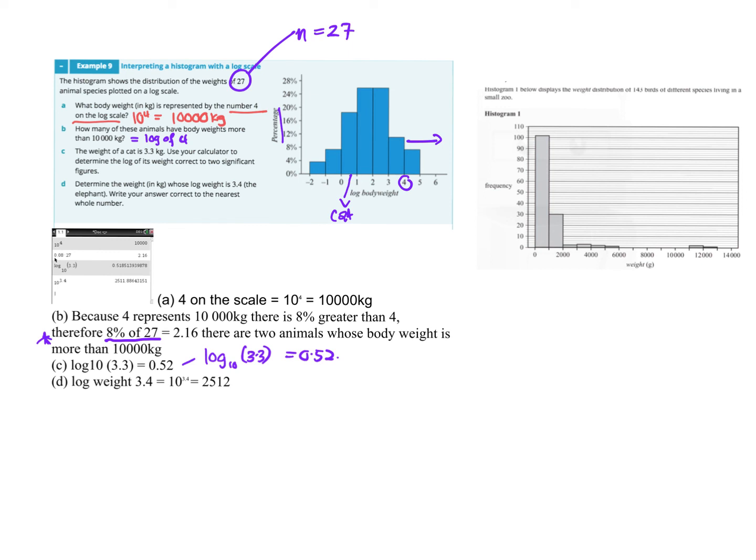The cat's in that category. What's 10 to the power of 1? It's 10, isn't it? So this number here is 10. So you know the cat would be less than 10 kilograms. If we had a cat that's more than 10 kilograms, we'd be in trouble.